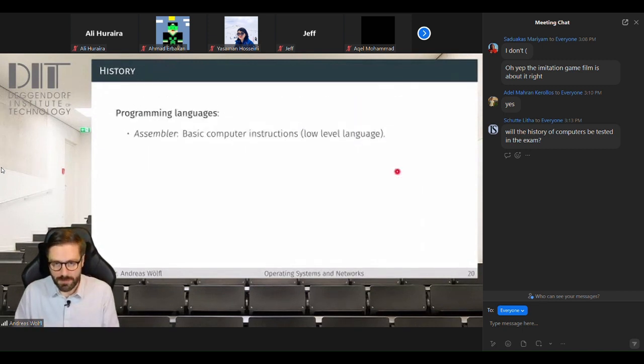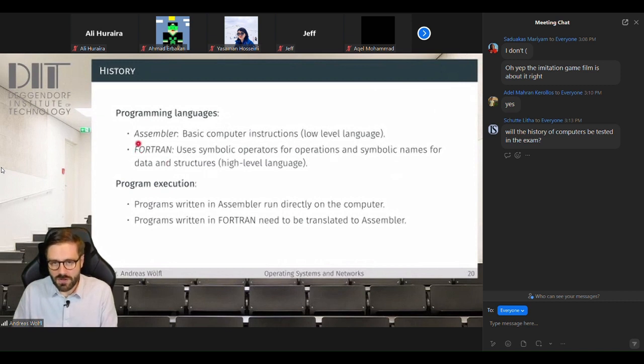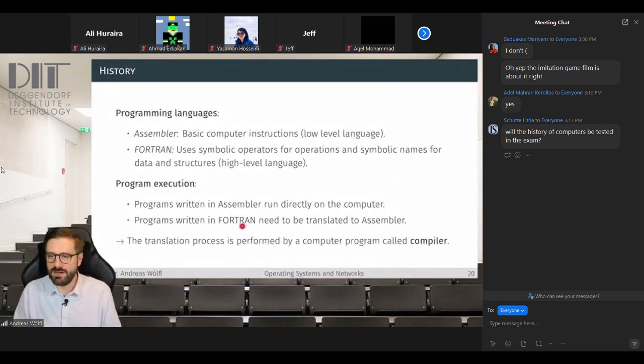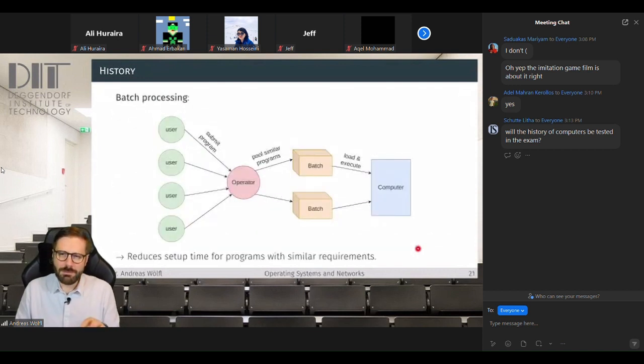For example, a Fortran program to run on the machine requires the Fortran compiler to be present in order to perform the translation. So this would be one of the configuration parameters. Is a Fortran compiler loaded, yes or no? And based on these kinds of requirements, the operator pools programs with similar requirements, because the operator is smart.